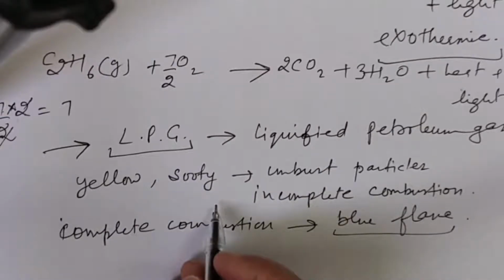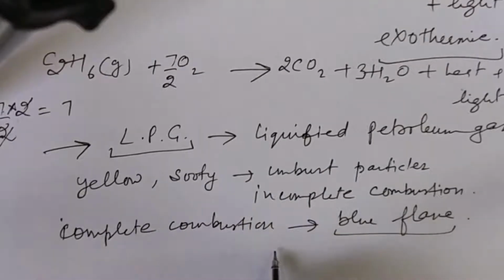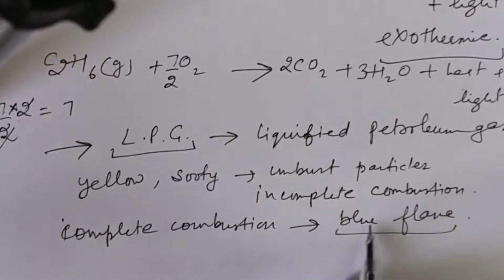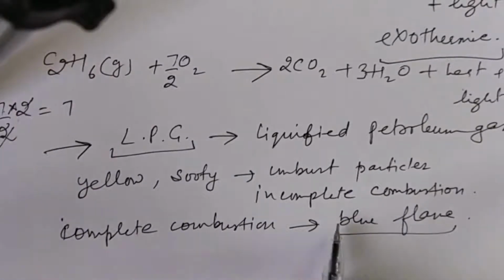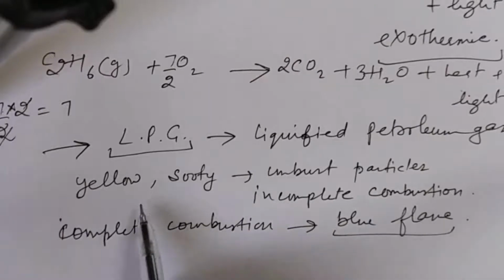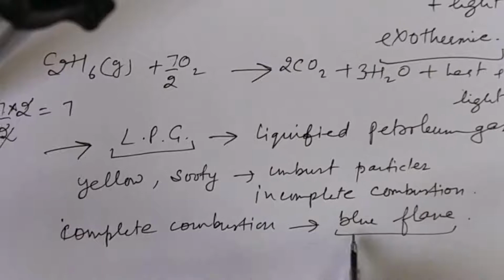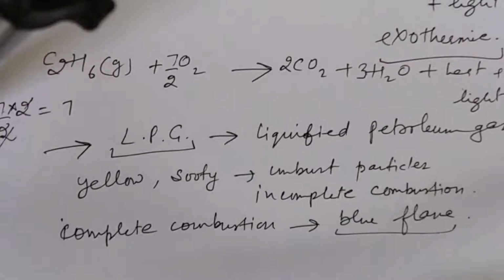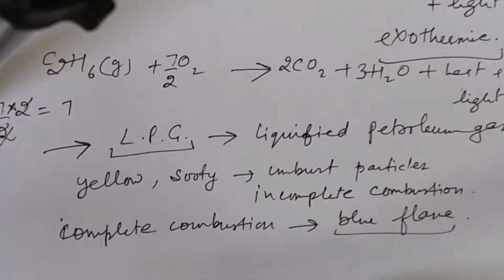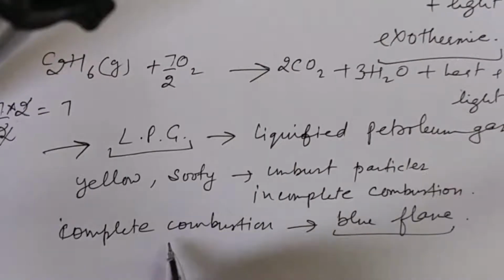You have to answer in terms of combustion. If there is incomplete combustion, there will be a yellow or sooty flame. If there is complete combustion, there will be a blue flame. This can be asked in your exam, students, and should be answered in terms of incomplete or complete combustion.